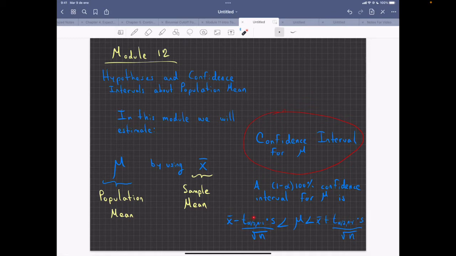I won't go over so many details about this, only how to compute it. Essentially, it's another distribution kind of similar to the normal distribution. Fortunately, everything is going to be given by Minitab. And here we have the same number with addition. All of this is called the margin of error.